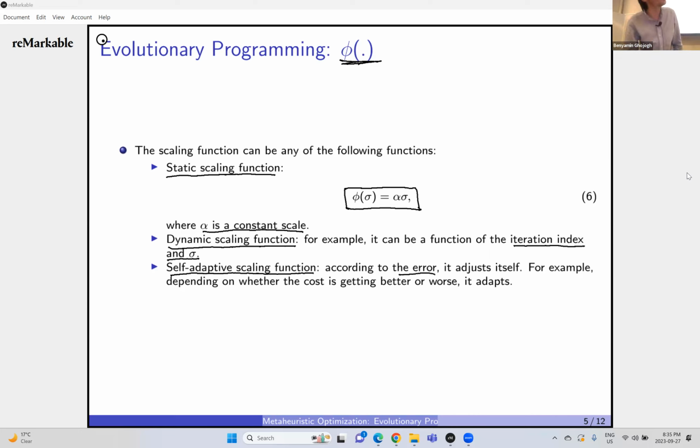According to the error, it can adjust itself. For example, depending on whether the cost is getting better or worse, it adapts itself. And as you see, evolutionary programming is a family of methods. Depending on what you choose for phi, it becomes one of the variants of evolutionary programming. The simplest one is the static scaling function.